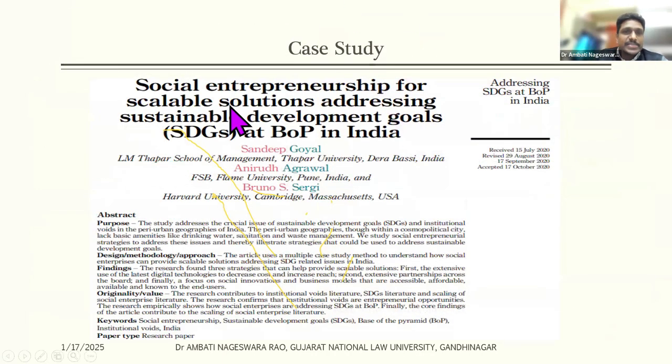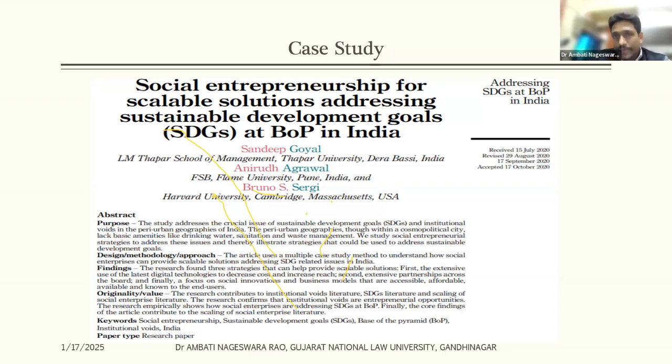The title of the study is Social Entrepreneurship for Scalable Solutions Addressing Sustainable Development Goals at Bottom of the Pyramid in India. We all know that from 2015 onwards, we started talking about sustainable development goals. As we are not able to fulfill many of the millennium development goals, we started looking for some innovative solutions, especially the people who are good at innovations, good at balancing both economic value as well as social value.